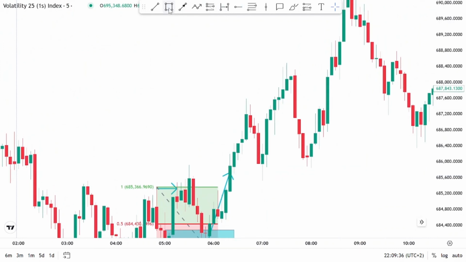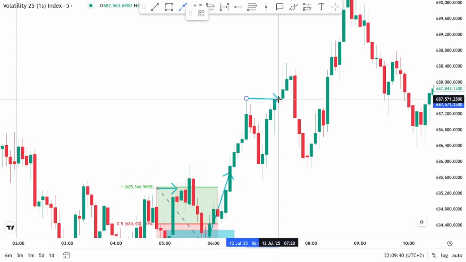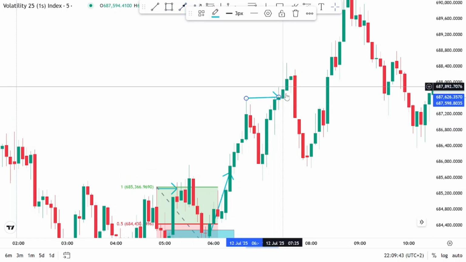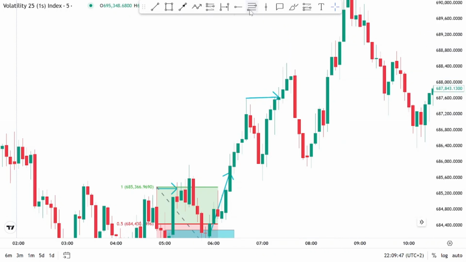Same thing as here, we had a breakout structure, price broke the structure, and then our Fibonacci tool.